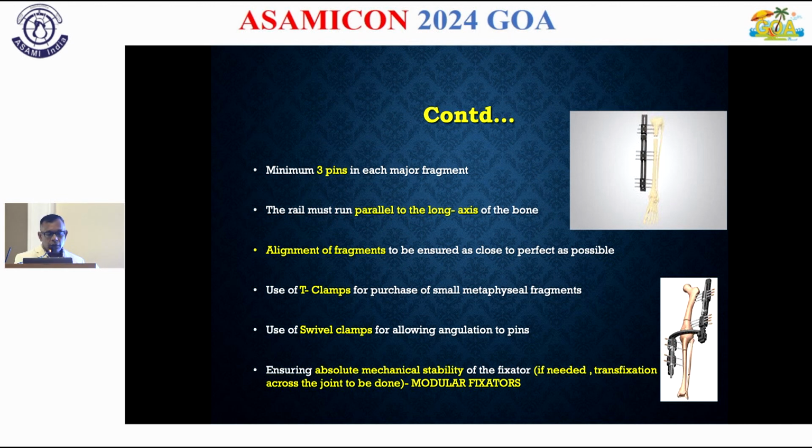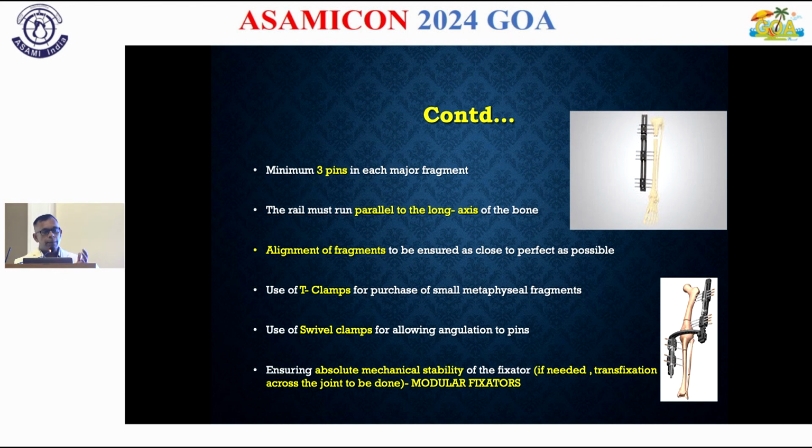We should be trying to ensure absolute mechanical stability of the fixator, and if needed, the transfixation across the joint should be done. These days, modular fixators like the alpha fixators are available, wherein there is one unit which you can apply right from the proximal femur till the distal tibia with an arc with hinges in between at the knee.